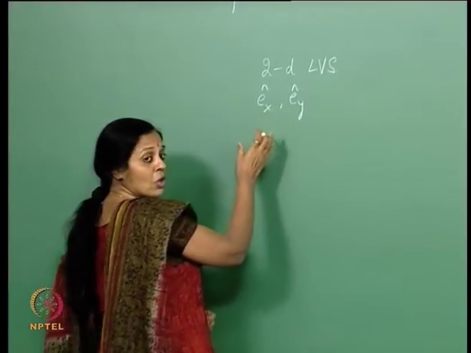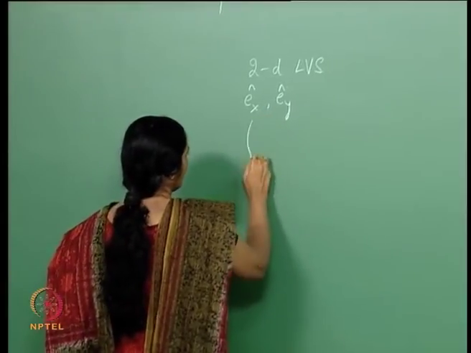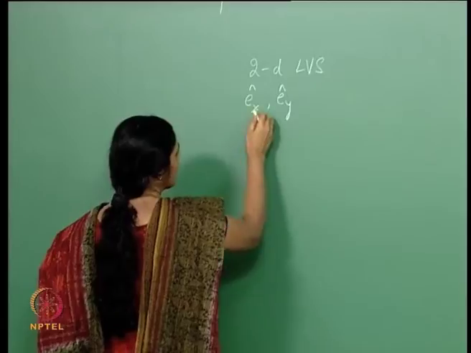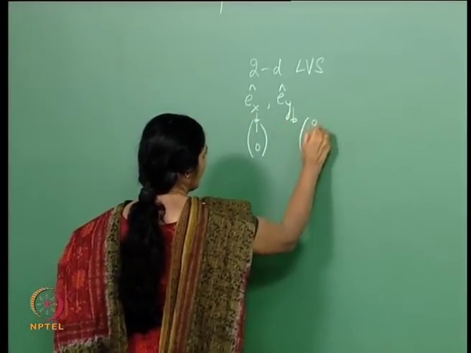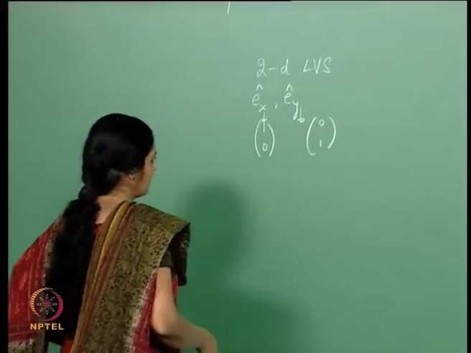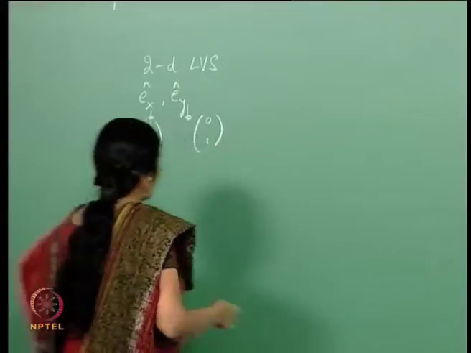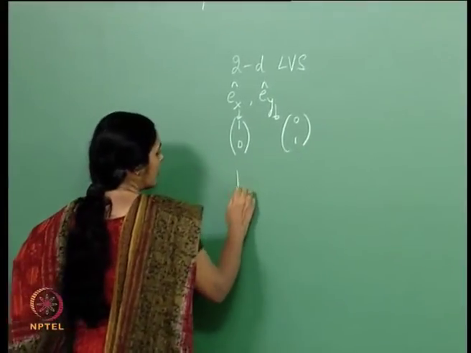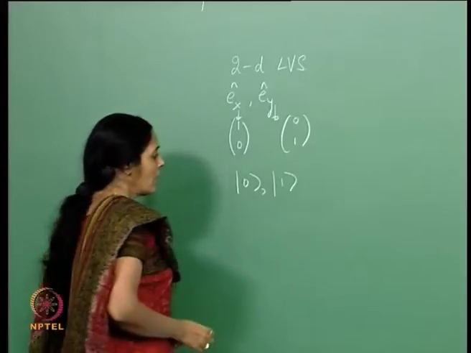If we used column vector representation for these basis vectors, we could have represented Ex by 1 0 and Ey by 0 1. We could use the Dirac notation and refer to these basis vectors as ket 0 and ket 1.